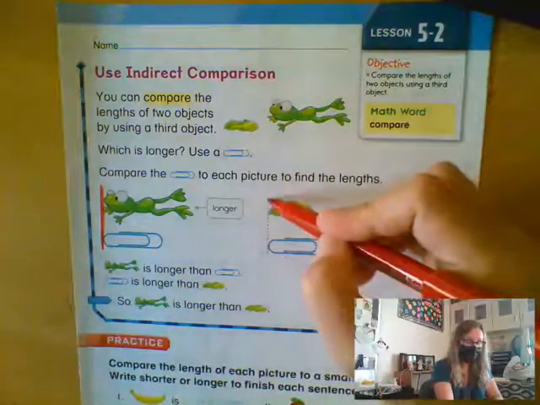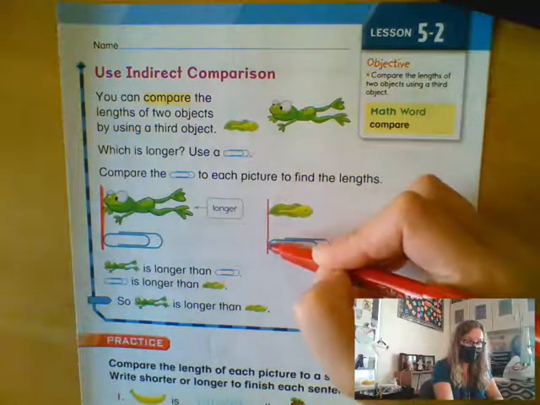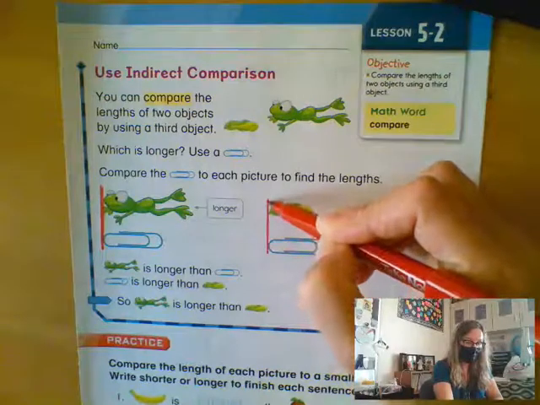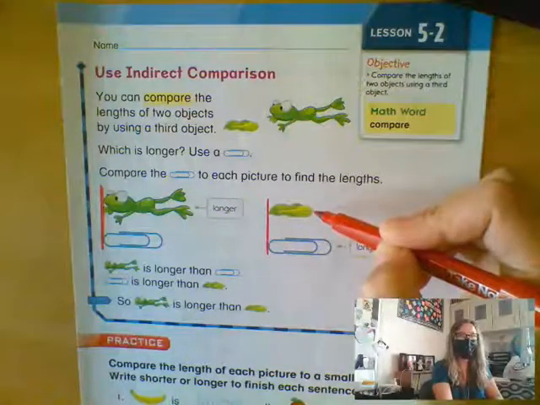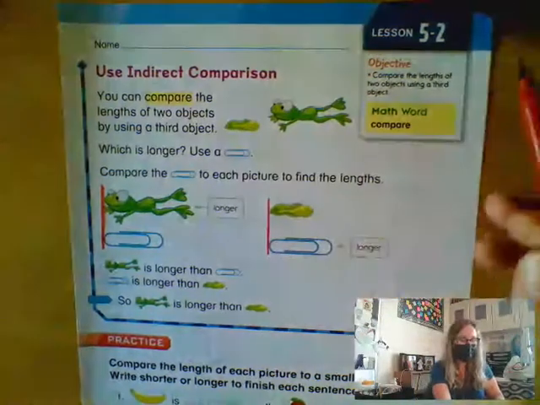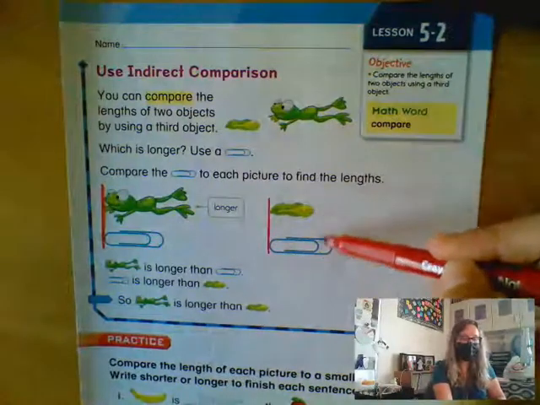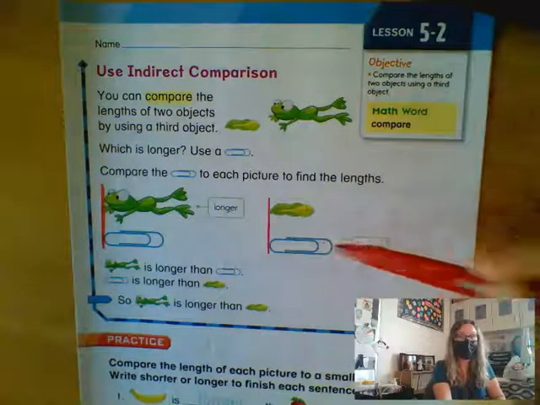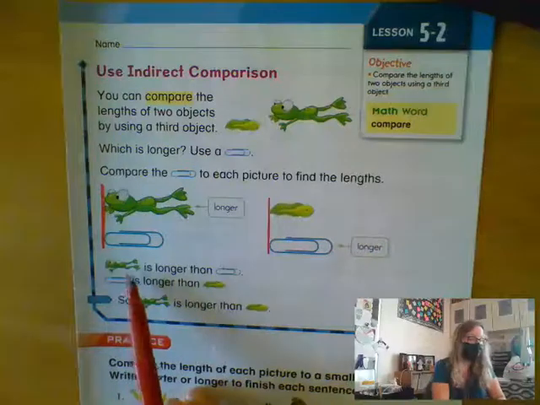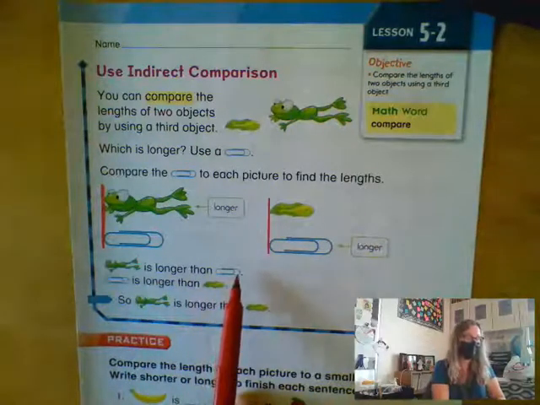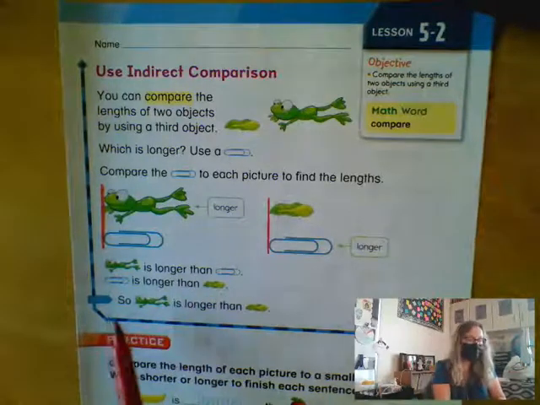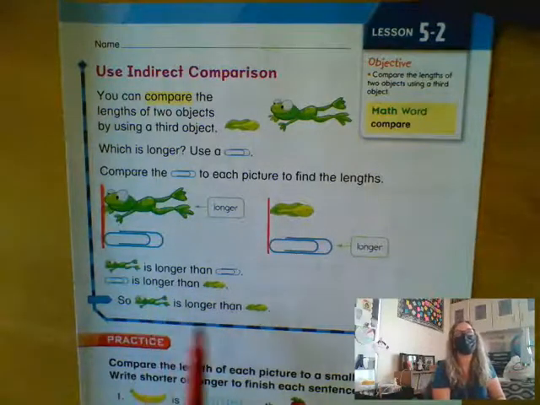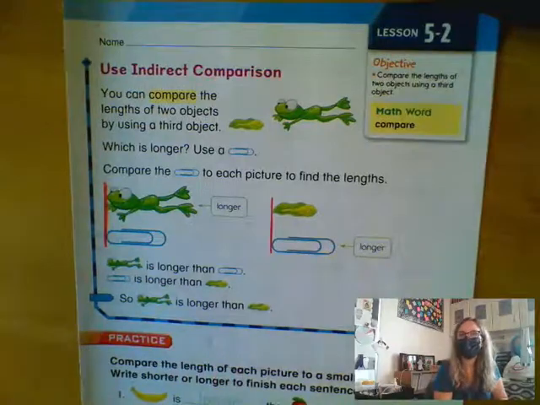Now, right here, if we put the paper clip at the same starting point as our little, does anybody know what that is? Good job, tadpole. We can see that the paper clip is longer than the tadpole. So, if the frog is longer than the paper clip, and the paper clip is longer than the tadpole, then we know that the frog is longer than the tadpole. Does that make sense? Yes.